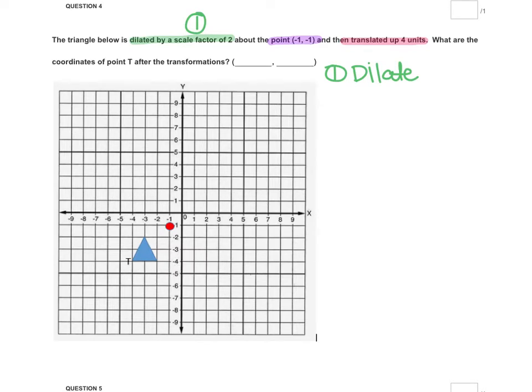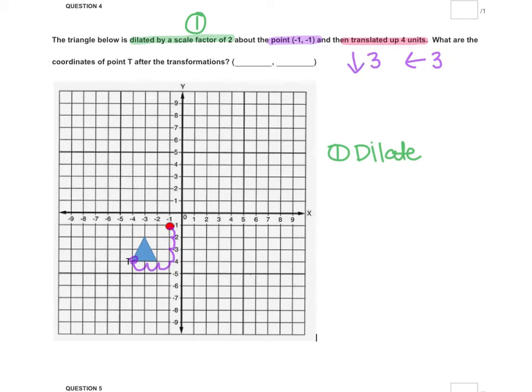In this case, if our center is at -1, -1, we're going to go 1, 2, 3, 1, 2, 3 to get to T. So we're actually going to go down 3 and then to the left 3. Even though our point starts at -4, -4, if we take into account the center being 1 less, it's -3, -3.